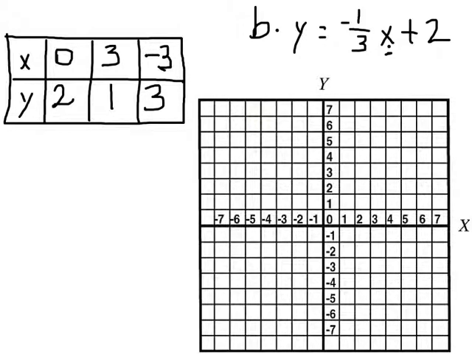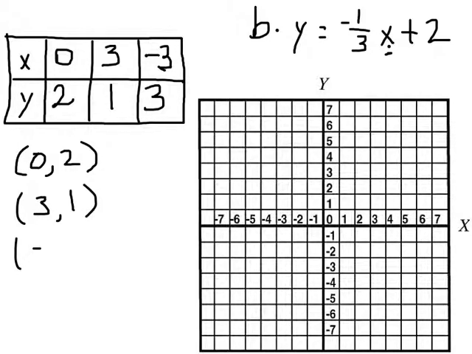So let's graph those. Here are our ordered pairs: (0, 2), (3, 1), and (-3, 3). Over 0 and up 2 would put us right here.